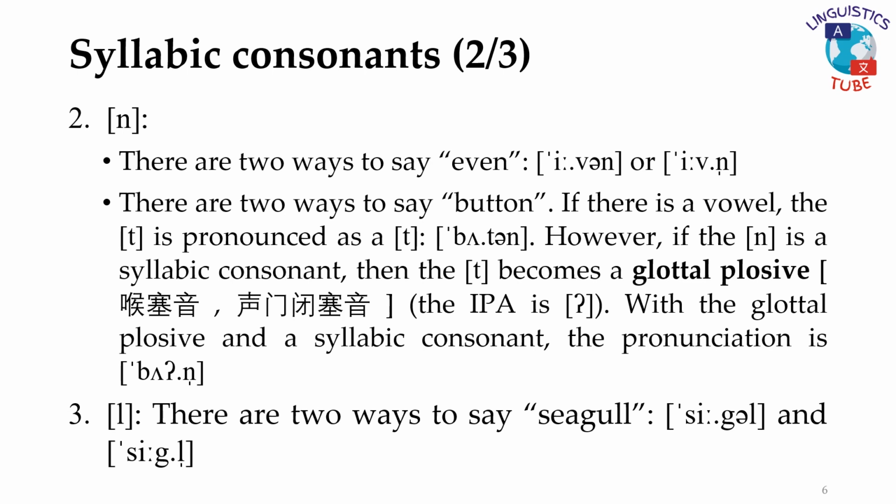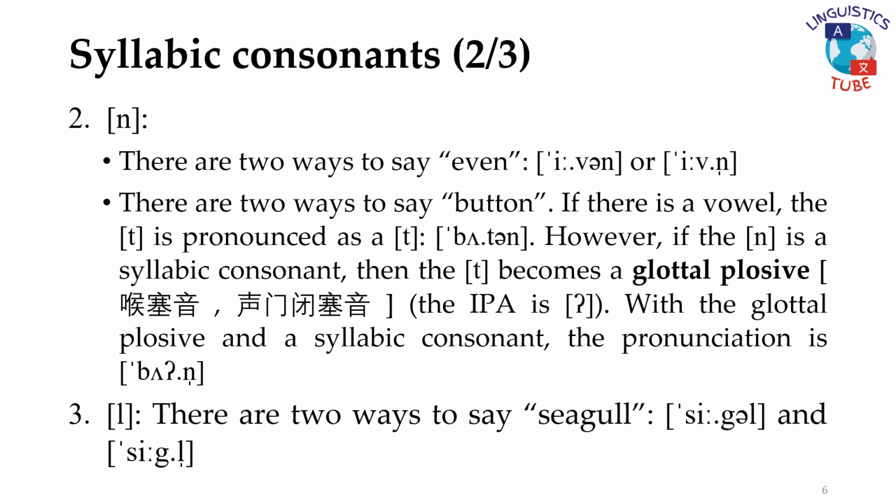This is the sound which we make by stopping the airflow in our throat. On the screen, you can see the IPA for the glottal plosive. We learned about the glottal plosive in episode 10 of chapter 1, so watch it again if you cannot remember. With the glottal plosive and a syllabic consonant, the pronunciation is this: button.